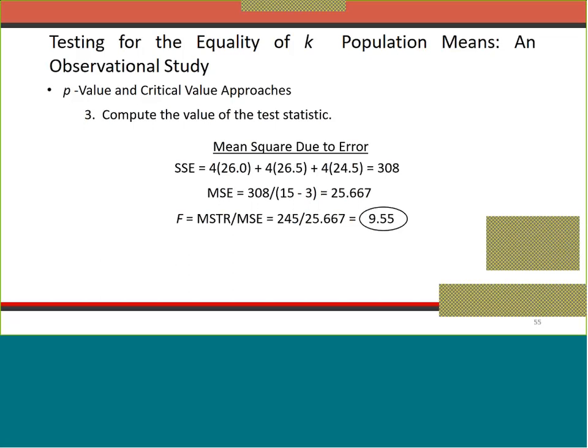So coming out to be 308. So MSE is 308 by total number of observations 15 minus number of treatments 3, coming out to be 25.667. Therefore capital F is MSTR by MSE, that is 9.55.